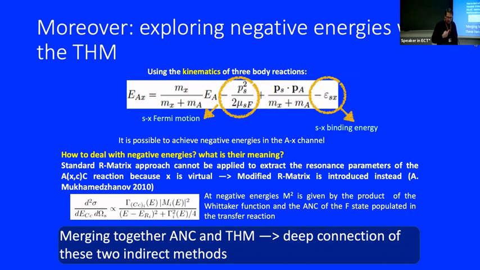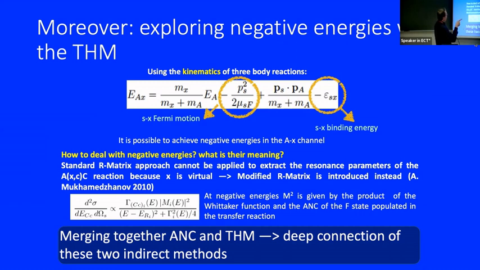Another very interesting point is the possibility to go to negative energies. How do we get to negative energies? If you write down the energy in your entrance channel for a reaction of astrophysical interest, A+x, you can write it as a function of the energy of the projectile, the momentum of the spectator, and the binding energy.